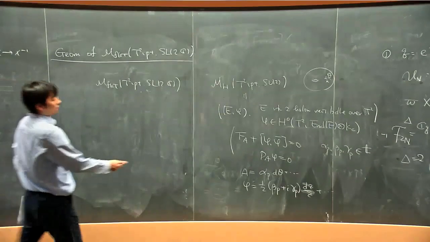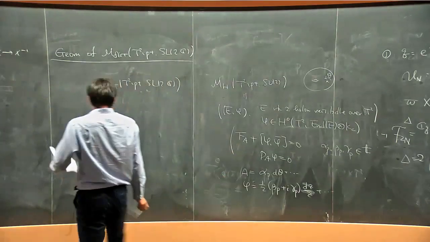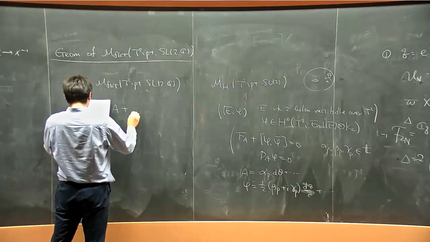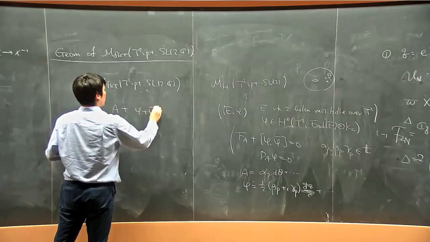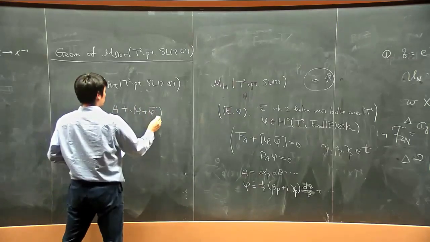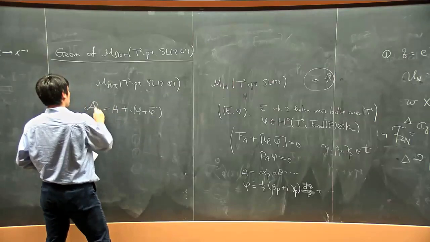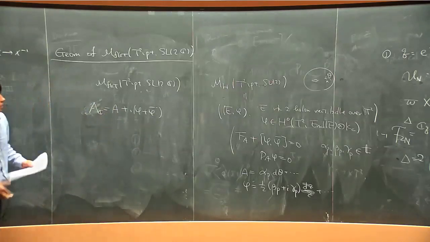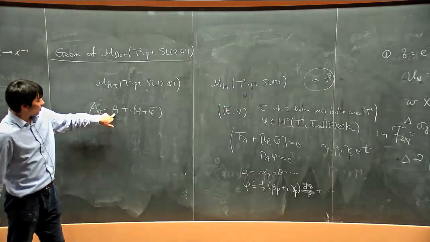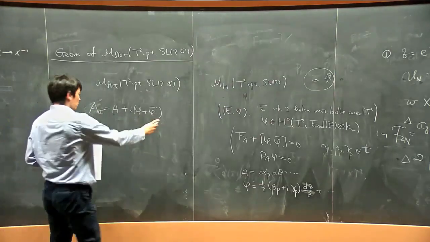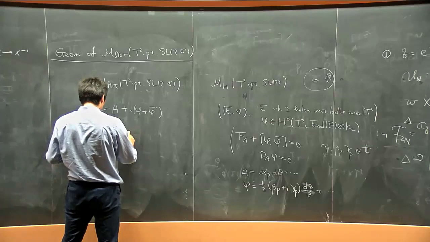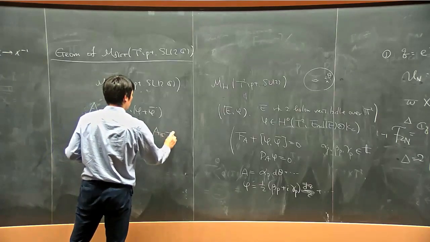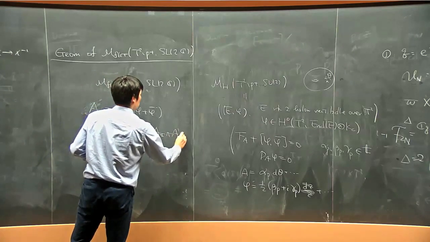And in fact, this Hitchin equation is equivalent to, you just define this complex connection by the connection plus Higgs field, phi plus phi bar times I, and this is equivalent to the flatness condition F_AC equal to 0.